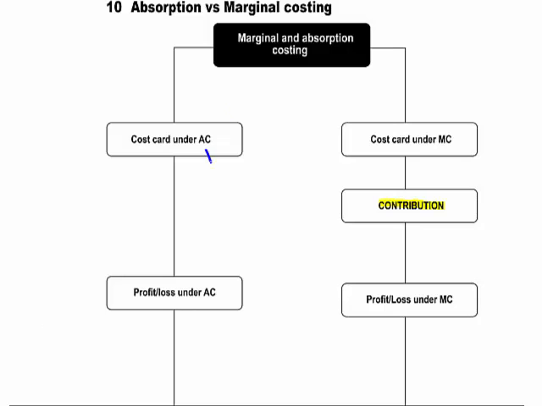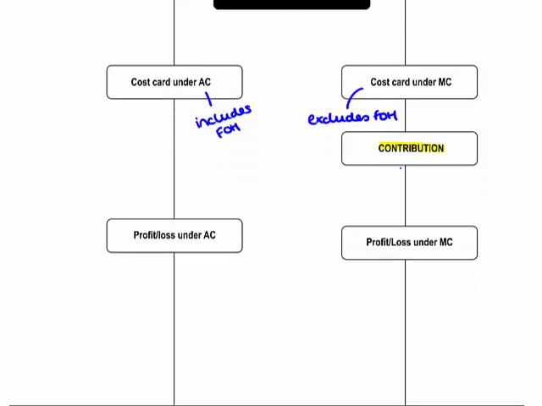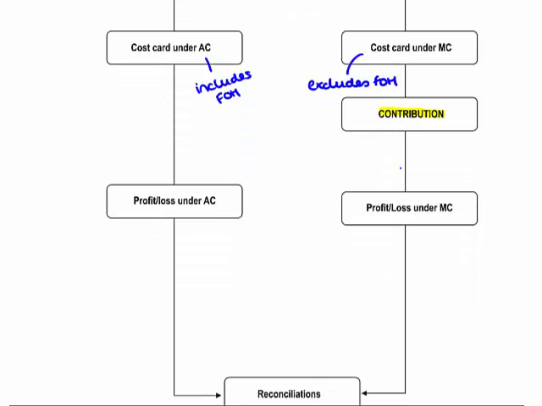So the cost card under absorption costing includes fixed overheads, and under marginal costing it excludes the fixed overheads. And so the profit figures were different, and we need to look at reconciling them.